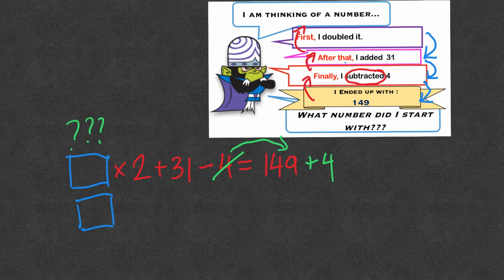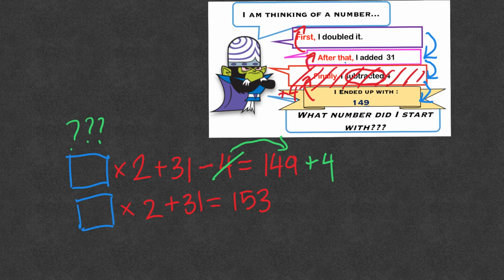Mystery number times 2 add on 31 equals 153. You see, we've added 4 to get rid of that step, to undo it.